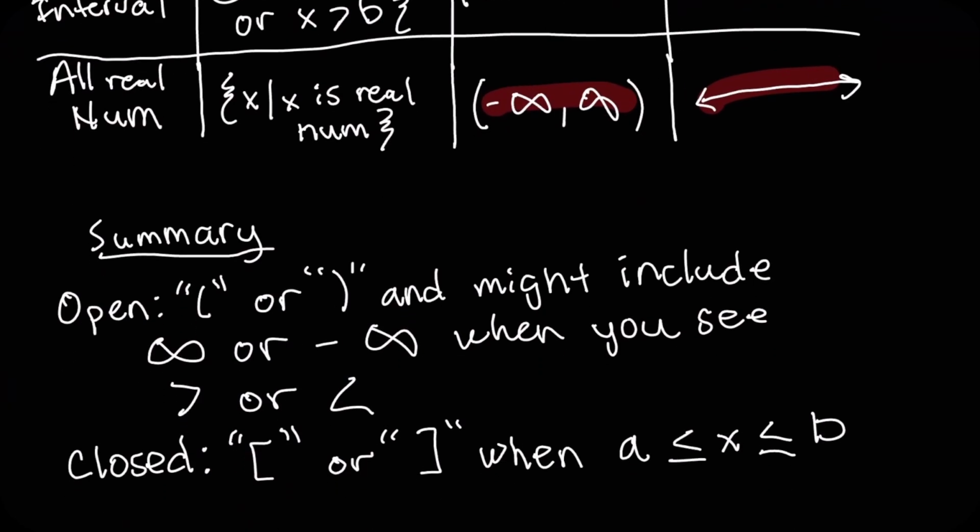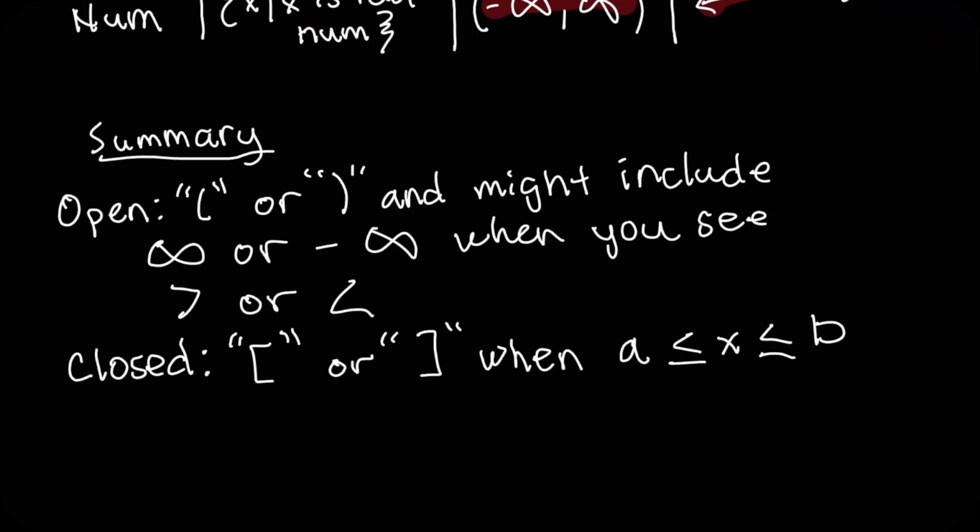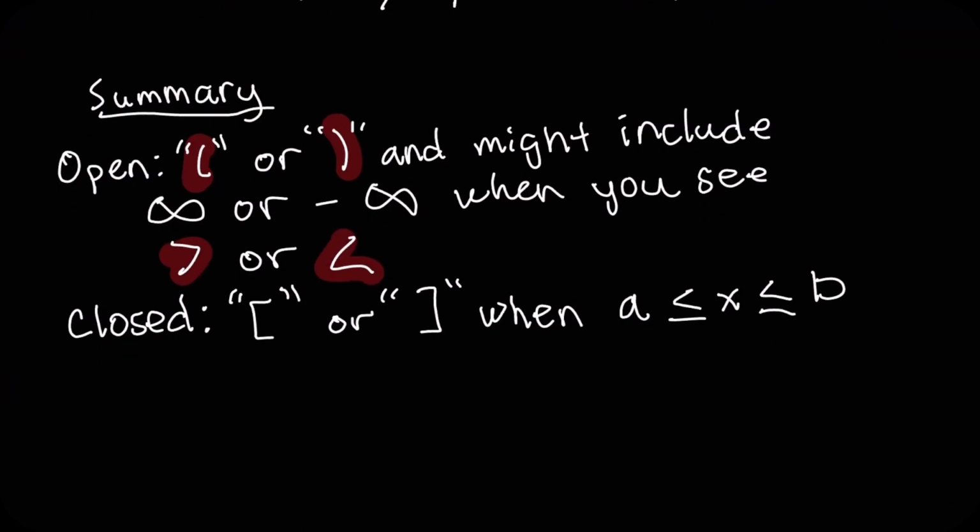So key to remember, open, when we have these, you might include infinity or negative infinity, or when you see the greater than or less than signs. When you have a closed interval, you'll use these square braces, and also when you have the less than or equal to signs, like this example.